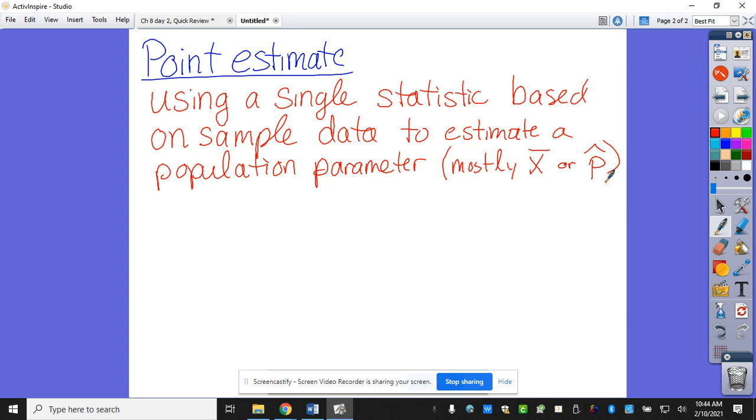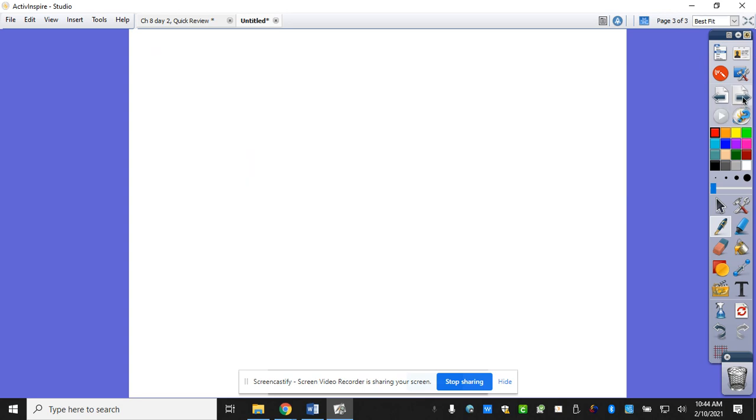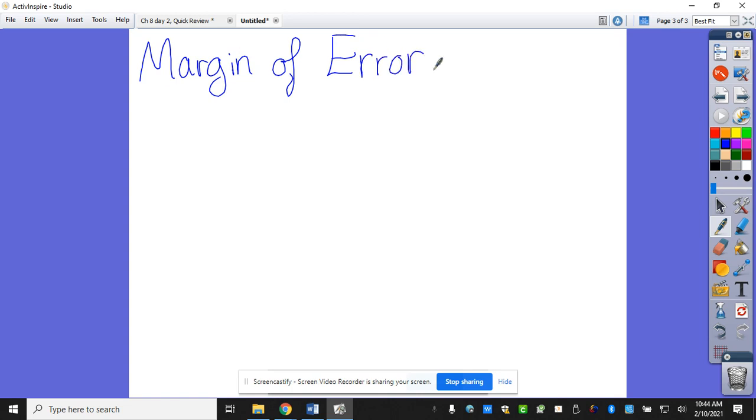I'm just going to write one definition on each slide because I'm hoping that if I write bigger like that, my pen will keep working instead of trying to write smaller. All right, so margin of error is pretty much exactly what it sounds like.